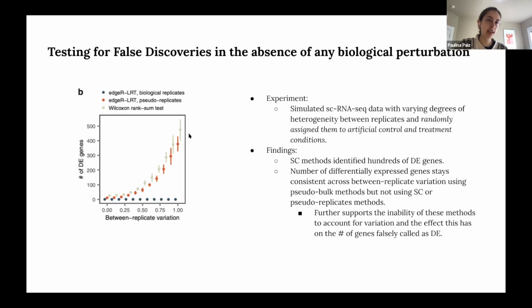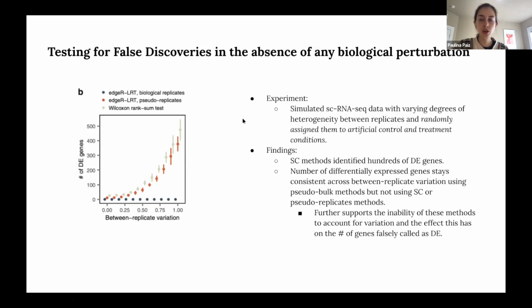So this is a central figure to supporting their hypothesis that the pitfall of single-cell methods is that they do not account for variation between biological replicates.